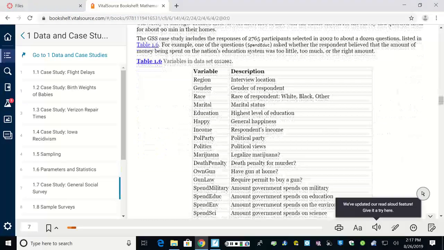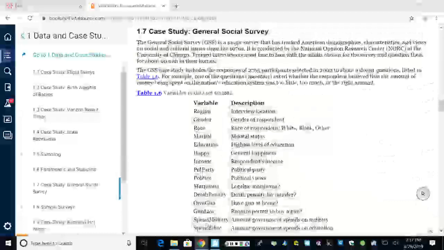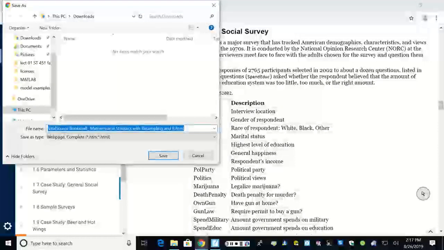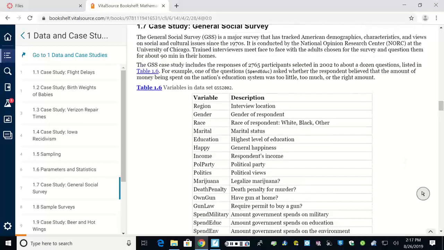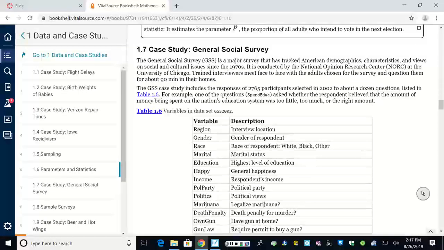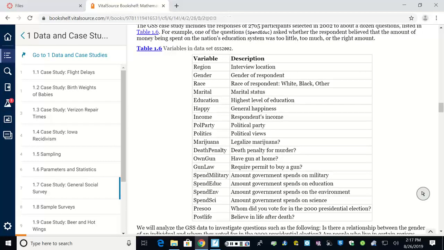There's another neat data set like this, the General Social Survey. It's a large-scale real survey. The National Opinion Research Center is at the University of Chicago. This survey has been going for many, many years, maybe 50 years, and so it tracks changes in many of these variables over time.